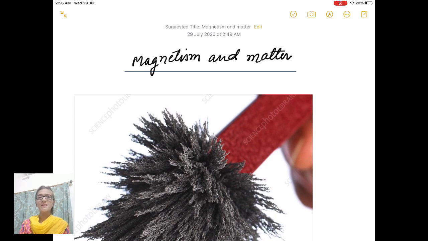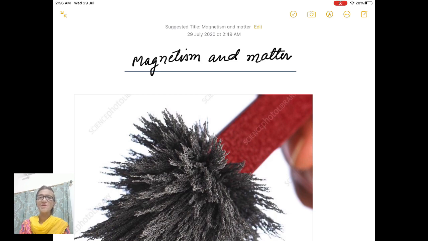This magnetism has been known to mankind from 600 BC. There was a place, Magnesia, in Asia Minor. Today we call this place Turkey. And there we had magical stones.